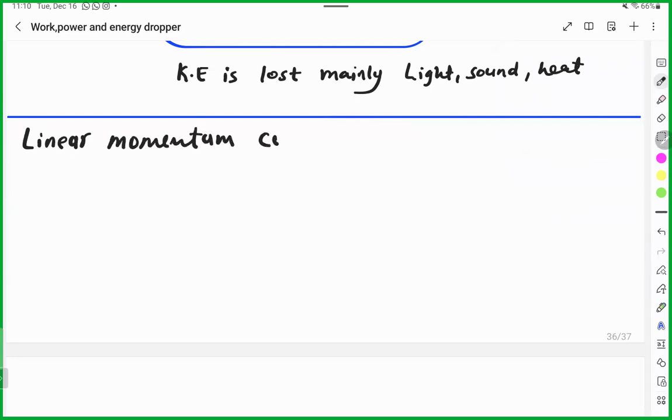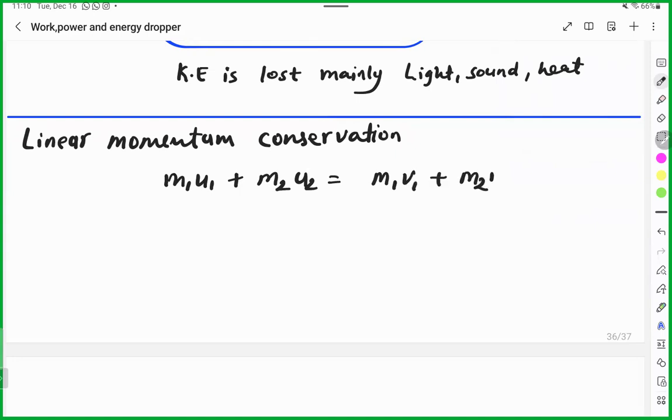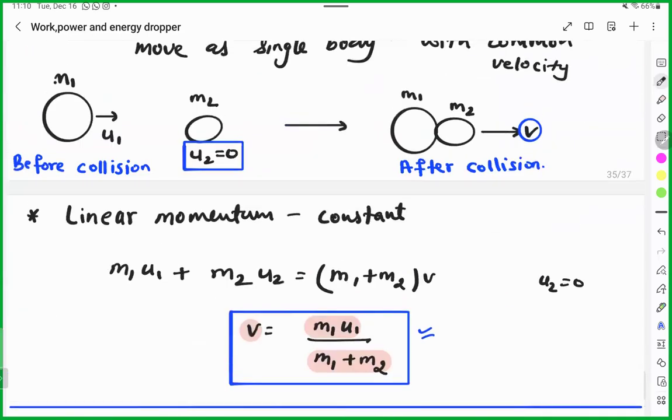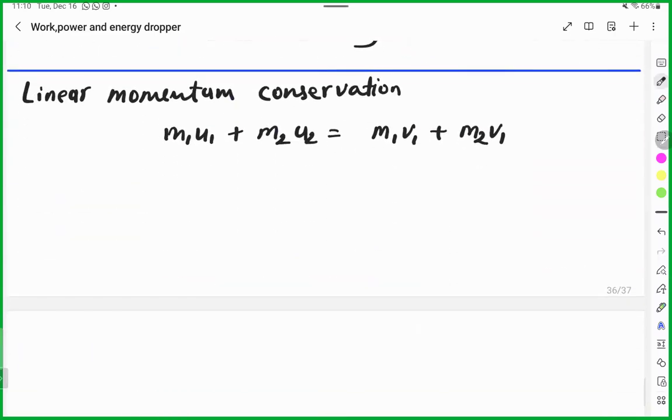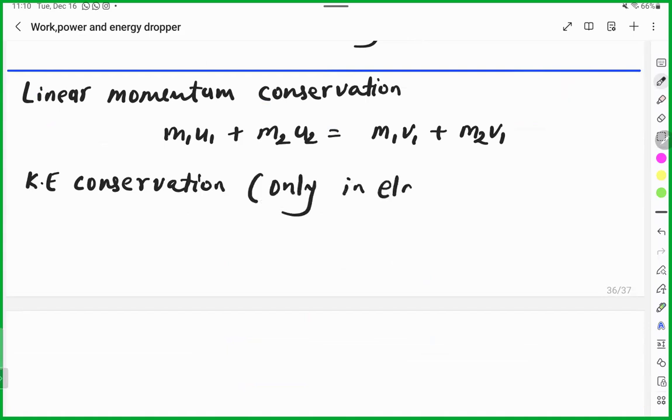Linear momentum conservation is applied everywhere, whether it is elastic or inelastic, where m1 u1 plus m2 u2 will be equal to m1 v1 plus m2 v2. This is what you will apply everywhere. Even in this situation, we applied the same thing. Velocity was common, u2 was 0, and we got the formula. You will apply kinetic energy conservation only in case of elastic collision, nowhere else.